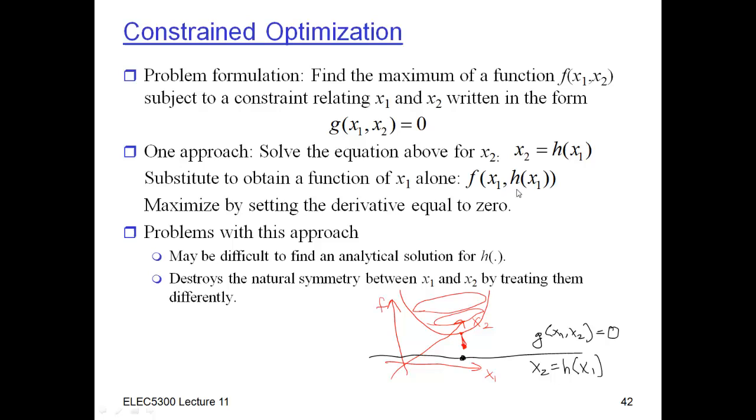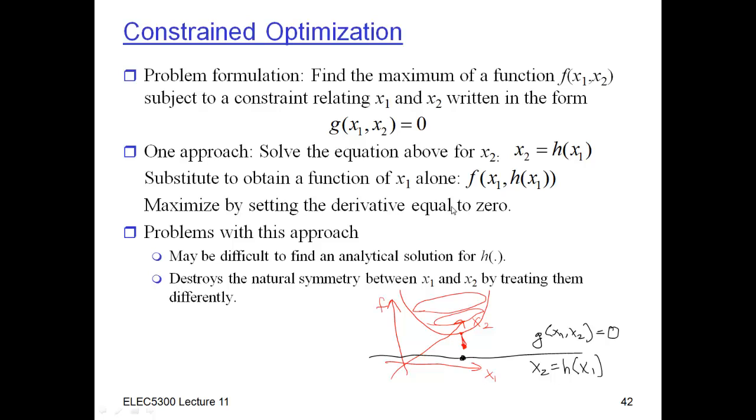I can do this by differentiating. This is just a single variable optimization: I differentiate with respect to x1 and set the derivative equal to 0, and I'm done. If you can do that, it works, and that's a completely valid solution to this problem.